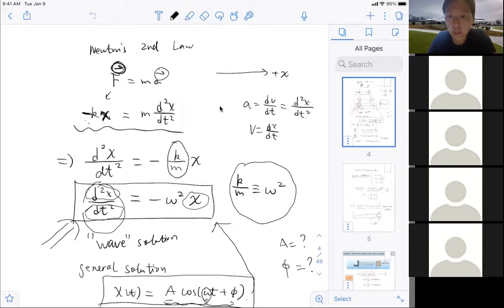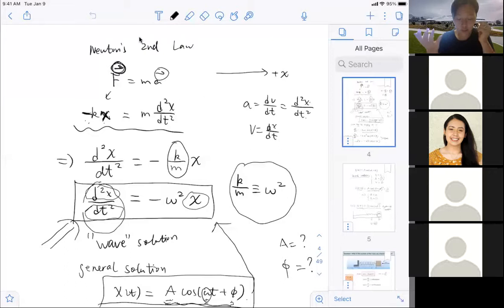In last week's class, we talked about the equations of motion for a simple harmonic oscillator. What would be considered a simple harmonic oscillator is if you attach an object to a spring. In this case, we're looking at a horizontal spring and the object is attached to the end.